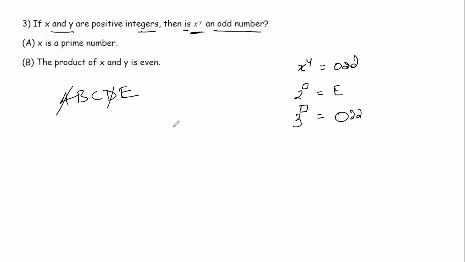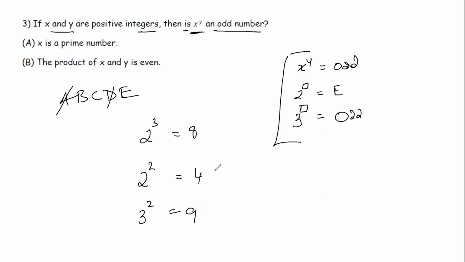That means x could be, suppose we ignore this part, we can take 2 to the power 3, and the product of x and y is even. 2 to the power 2, and we can take 3 square. So here the outcome is 8, here the outcome is 4, and here the outcome is 9.